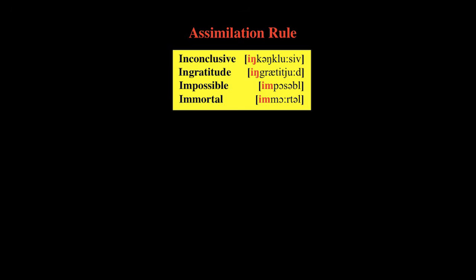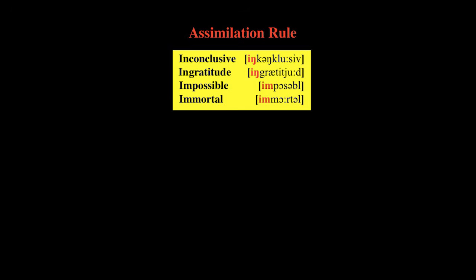Look at these examples. We say inconclusive, ingratitude, impossible, immortal. So we notice from these examples that in changes according to certain phonological environments. Whenever in is added to conclusive, the n sound is changed to a velar nasal ŋ sound. Same thing with ingratitude.